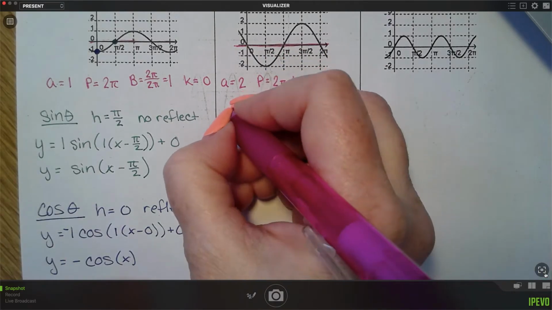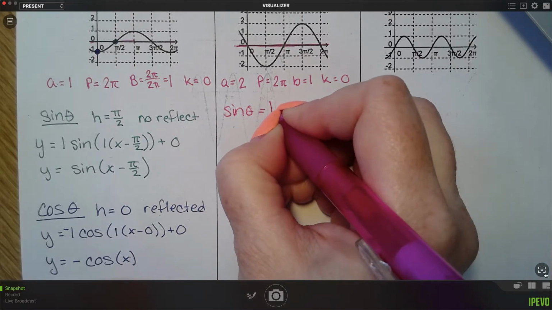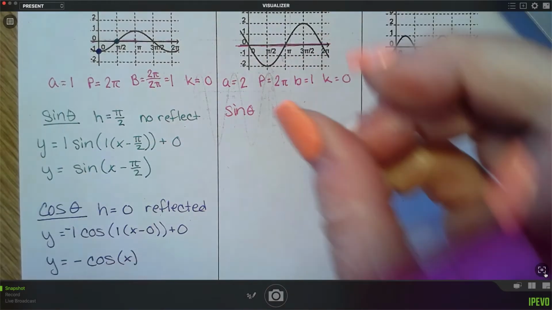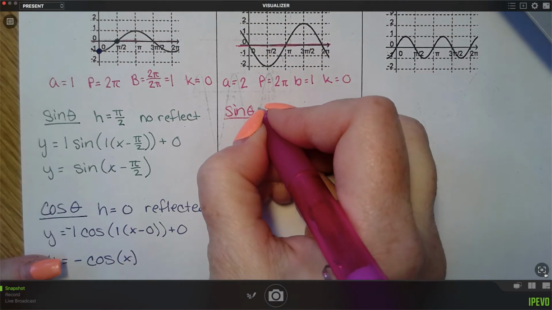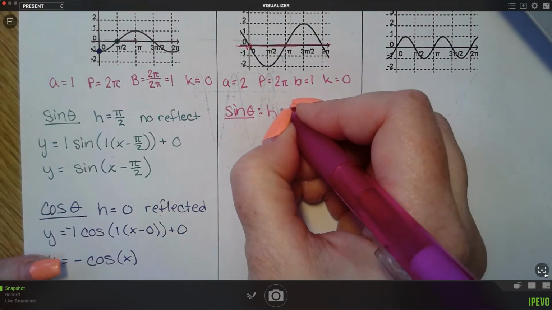Okay, so sine of theta, H. Okay, so sine starts at the middle, right? So right here is my point, so 0. It's reflected.